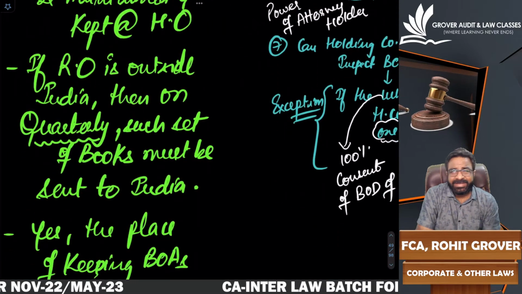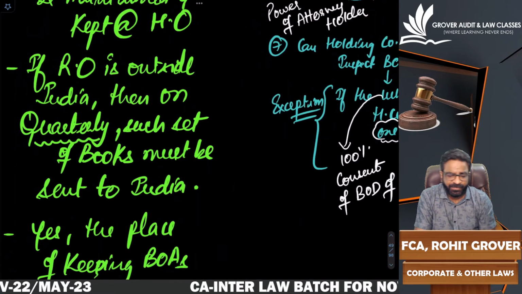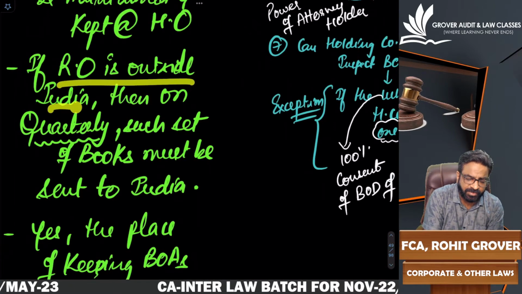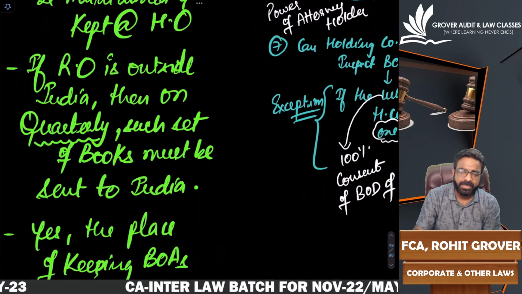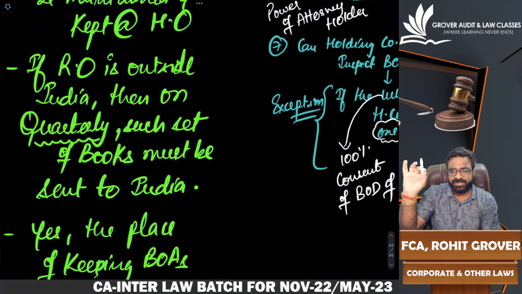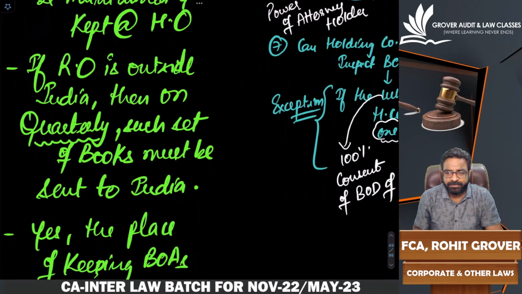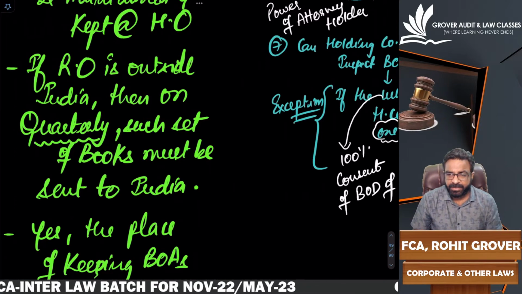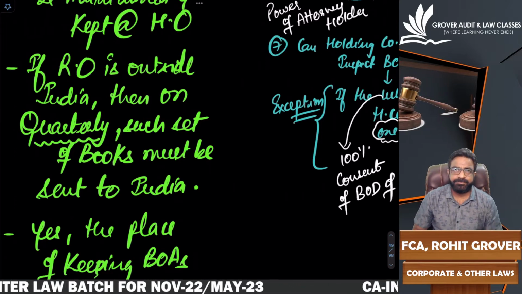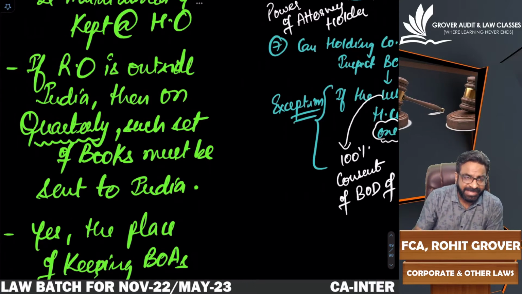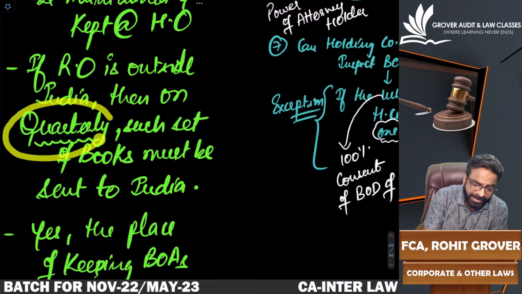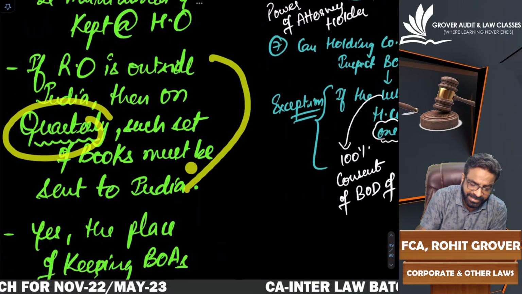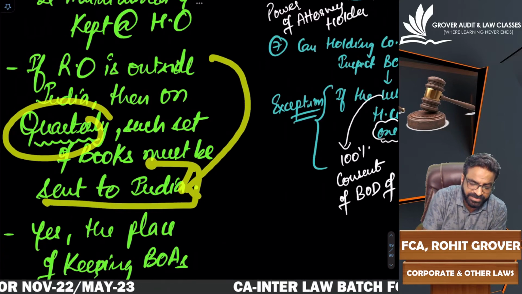Tell me, what if my registered office is in New York? Is it in India or outside India? Outside India. Suppose my registered office is in New York, but my company is in India. Then in that case, on a quarterly basis, the set of those books of accounts must be sent to which office?